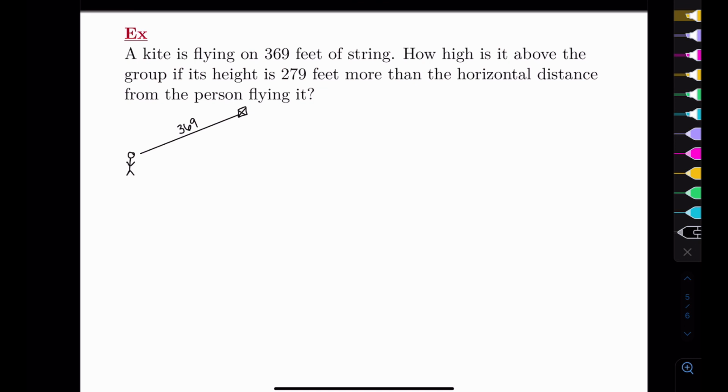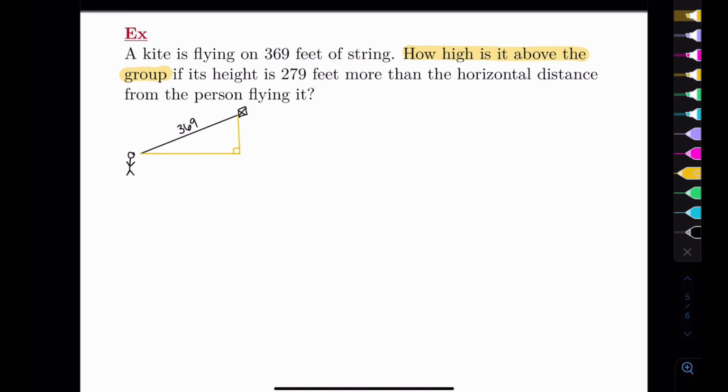And we know something about the horizontal and vertical distance. So we're going to draw a triangle in here. I know that the height is 279 feet more, but the thing I'm looking for is how high is it above the ground. That doesn't say ground, but pretend it says ground.